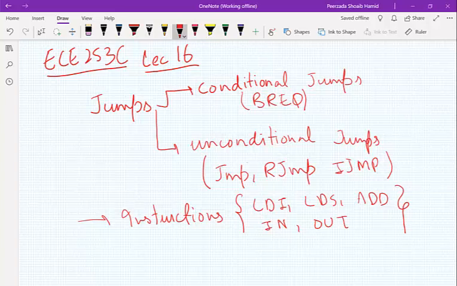And in the last Zoom discussion, we saw that using these instructions and the knowledge we have gained so far in this course, we were able to demonstrate an embedded system which had 8 LEDs, and we were able to constantly blink those LEDs.